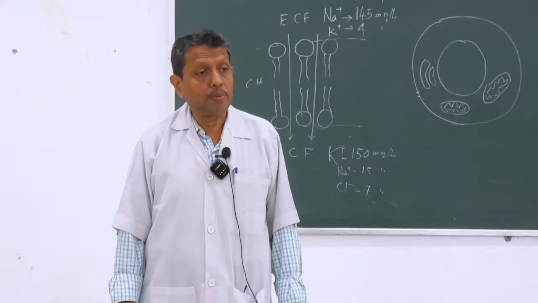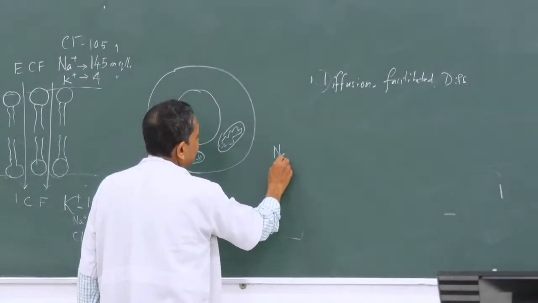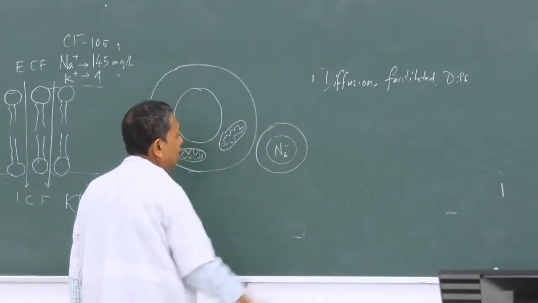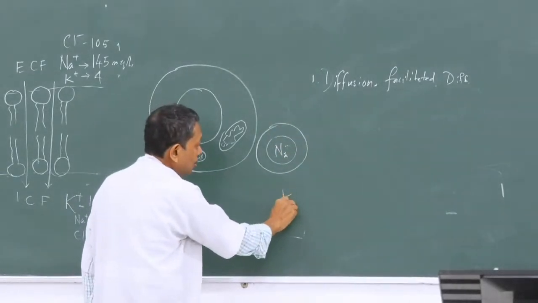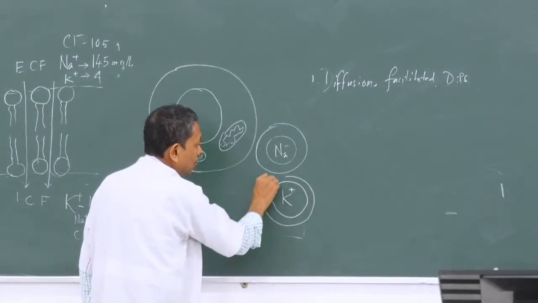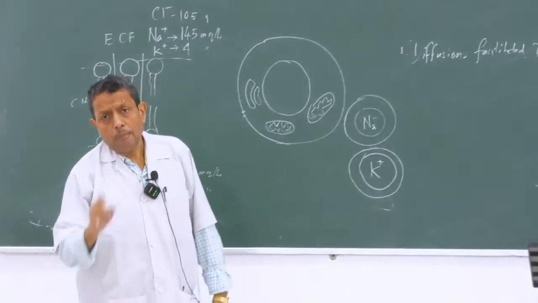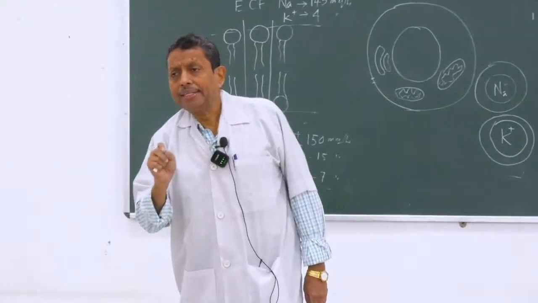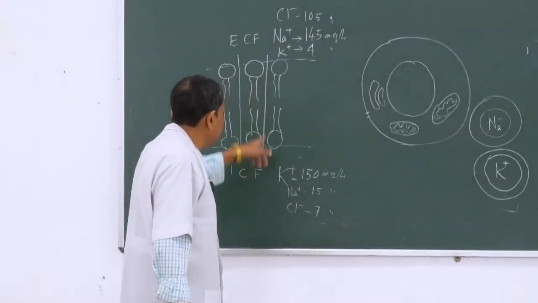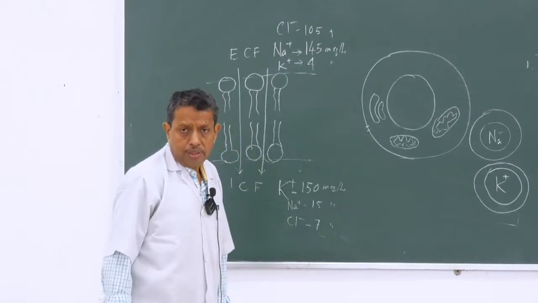Suppose it is the sodium ion, with its hydration shell. The potassium ion also has some hydration shell. So hydrated forms have a relatively larger effective size, and they do not traverse through this interstitial space. So they require some other pathway.